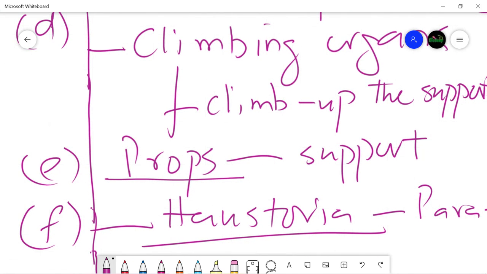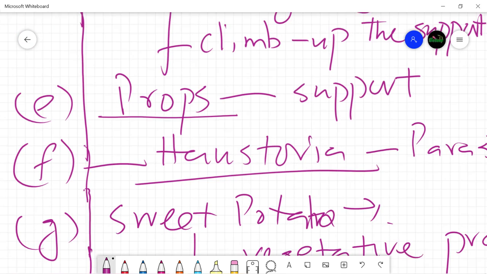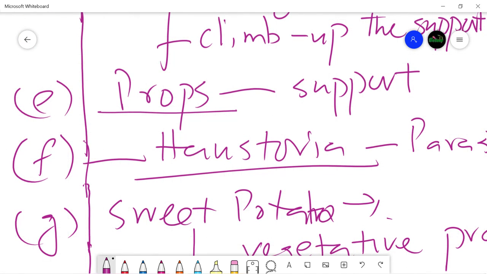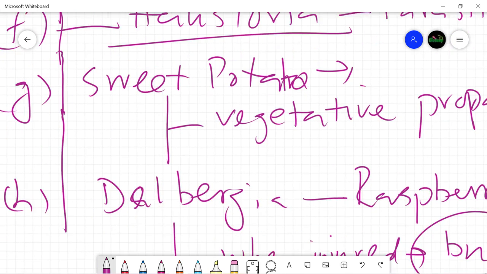Next is the climbing. Roots can help weak plants, weak stems, to climb up, so they act as a climbing organ. They also provide support in the form of props, like in genus Ficus, and in Cuscuta they act as parasitic roots.